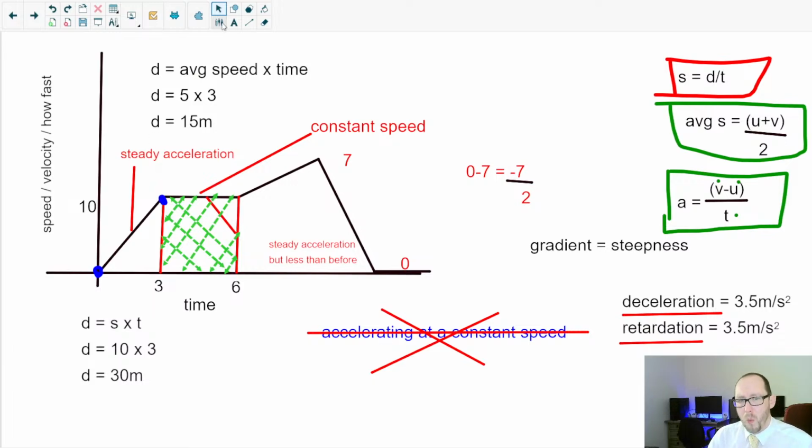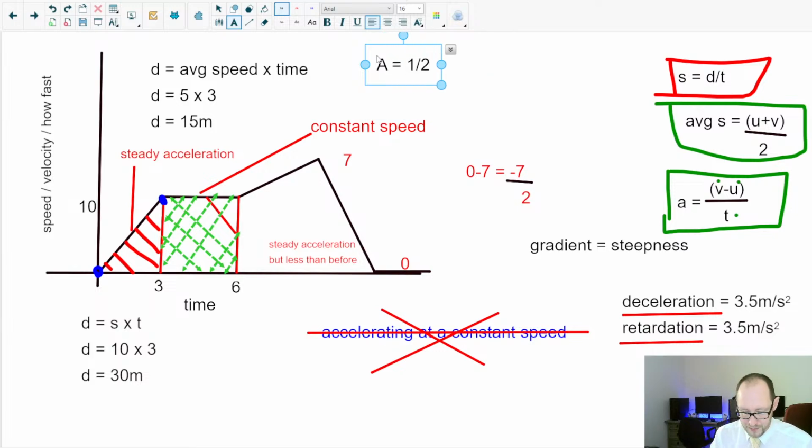However, what if I try to do my little area shading trick? If I try to find the area between the line and the axis here, I have a triangle. The area of a triangle is equal to a half of the base multiplied by the perpendicular height of that triangle.